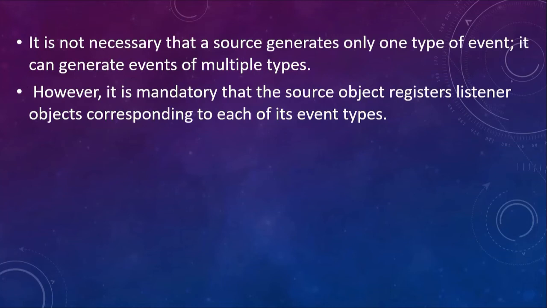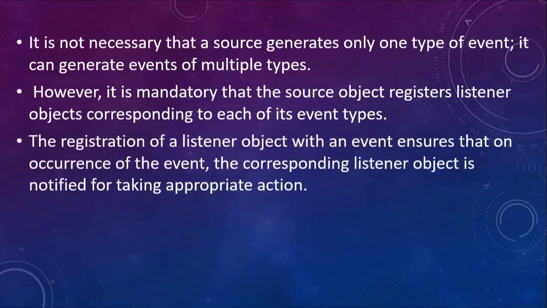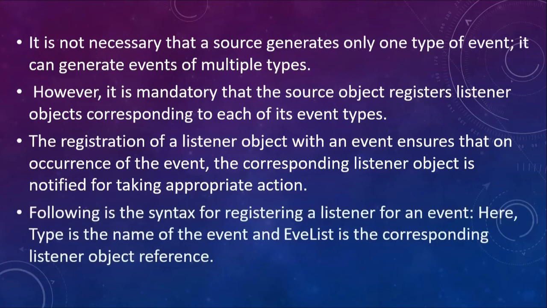So there are two things: an event and a listener. The registration of the listener object with an event ensures that on occurrence of an event, the corresponding listener object is notified for taking appropriate action. Following is the syntax of registering a listener for an event.